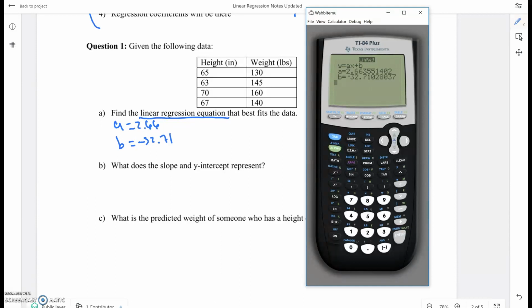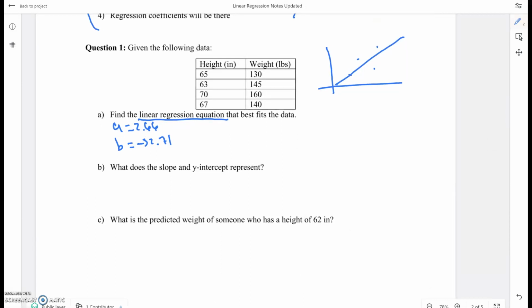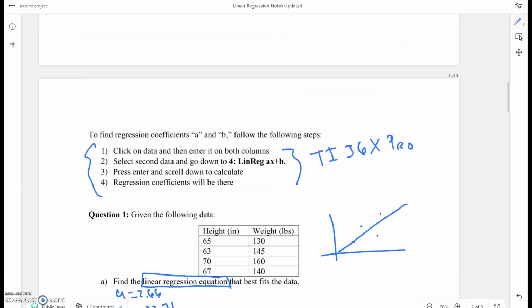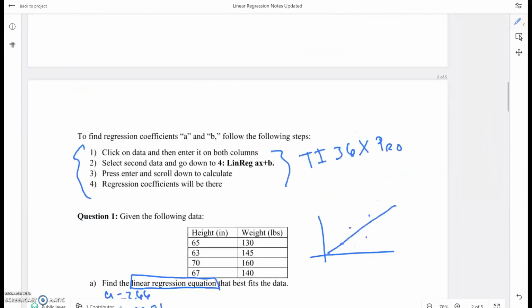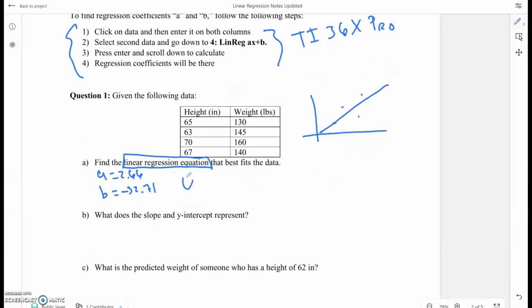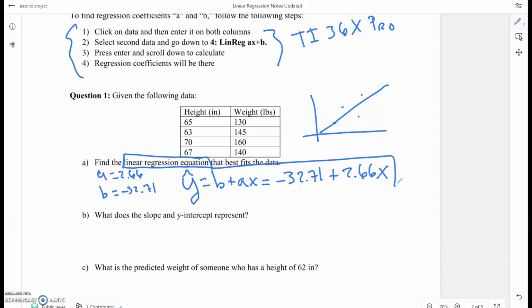So what we want to do now is find the linear regression equation. Remember, if you go back up, my linear regression equation looks something like this. So we want to plug in the B and the A in there. This is how we're going to write it: Y hat is equal to B plus AX. And what was B equal to? B was equal to negative 32.71 plus 2.66 times X. And this is my answer.